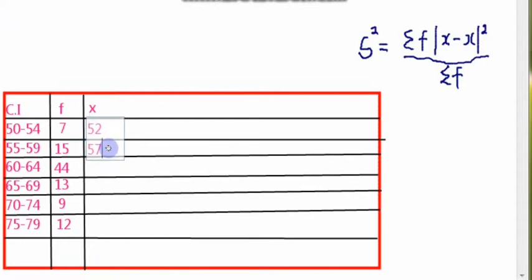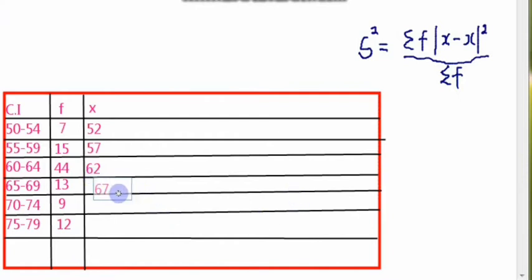If you compare 52 to 50, it is increasing by 2. That means you add 2 to 50 to have 52, add 2 to 55 to get 57, add 2 to 60, you get 62. So on the third row, you have 62. When you add 2 to 65 on the fourth row, you have 67 for S, the midpoint.